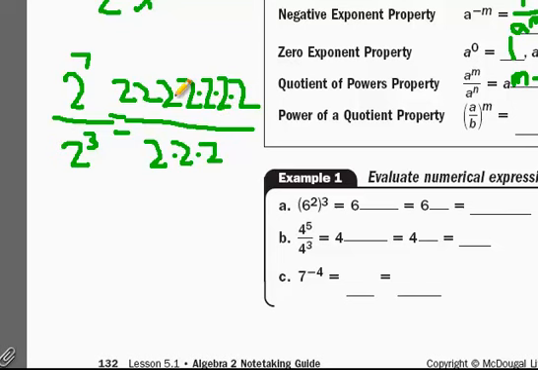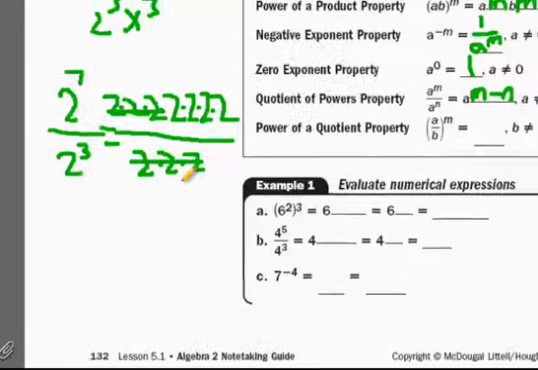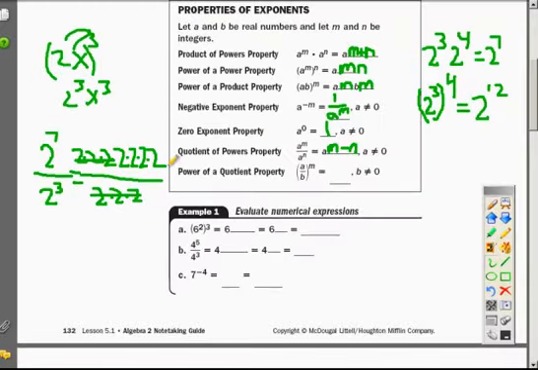Somebody might say 2. That's the same. So if I cross 3 from the bottom and 3 from the top, I have 4 2's left. Well, that was 7 minus 3, which was 4. And the power of a quotient property is a to the m over b to the m.